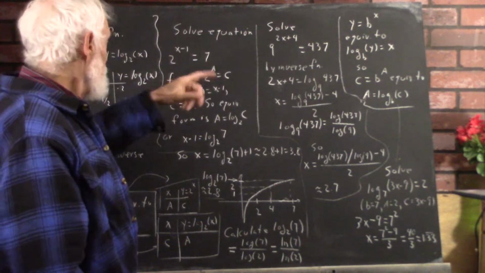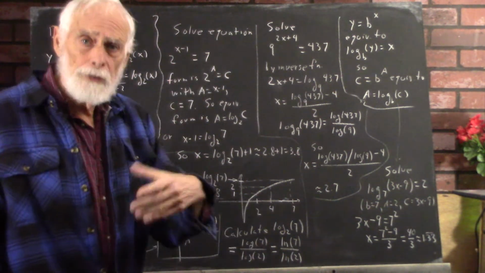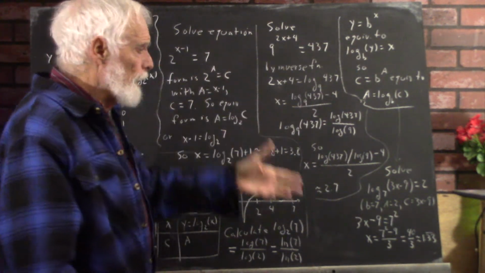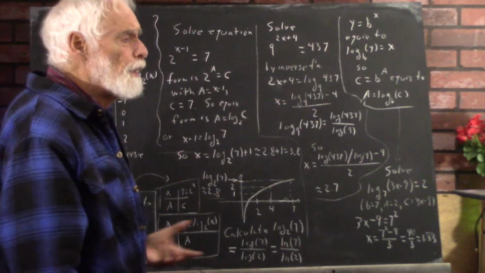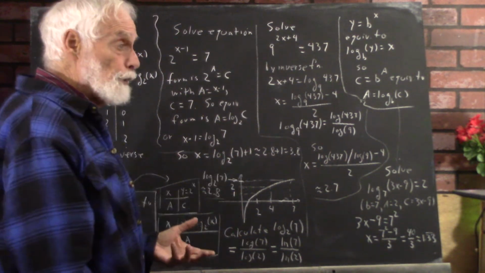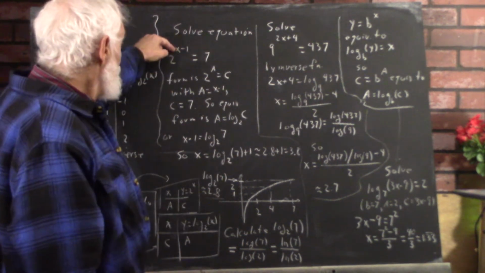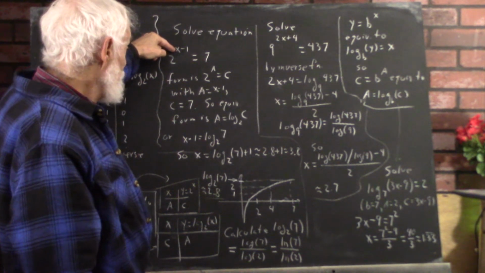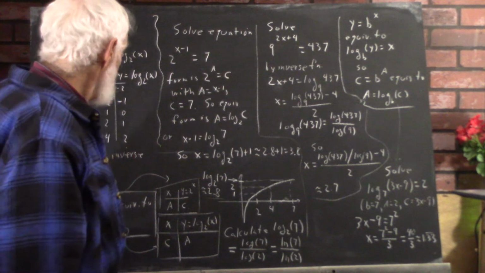Now, if you try to solve this equation using standard algebra techniques, there's nothing you can add to both sides. There's nothing you can divide both sides by. There's nothing you can do, no root you can take, nothing you can do to get a hold of that x until you use this, okay?